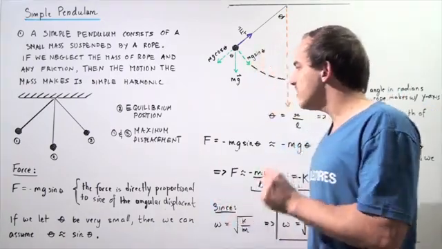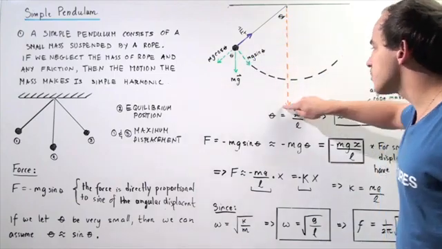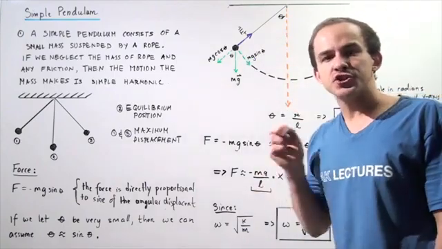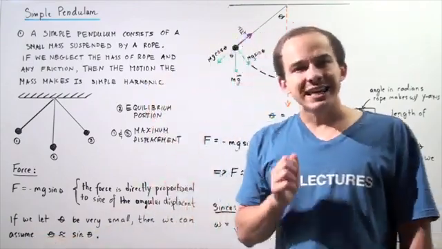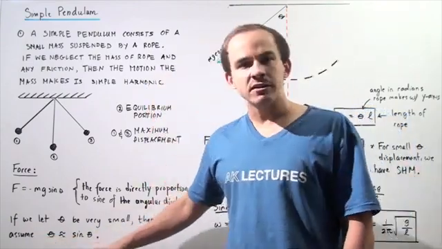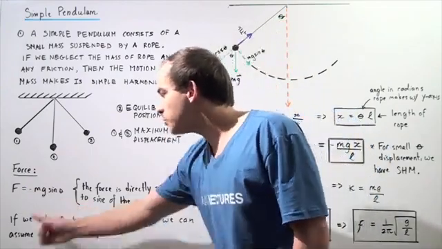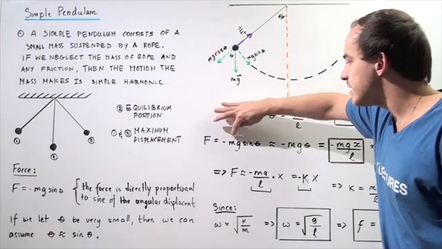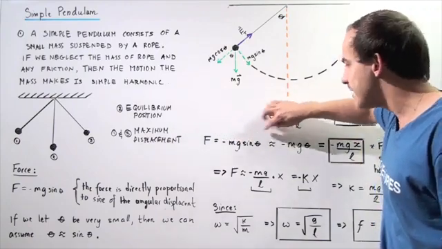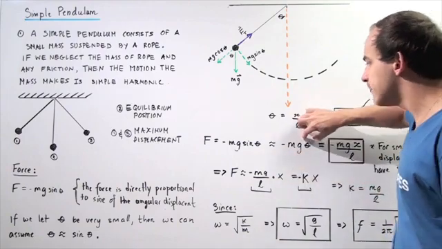However, notice that if we allow our angle that the rope makes with respect to the vertical axis to be very small, then that angle is approximately equal to sine of that angle. In other words, when the angle is small, we have the following approximation. So that means force, which is equal to negative mg sine of the angle theta, is approximately equal to negative mg times the angle theta.